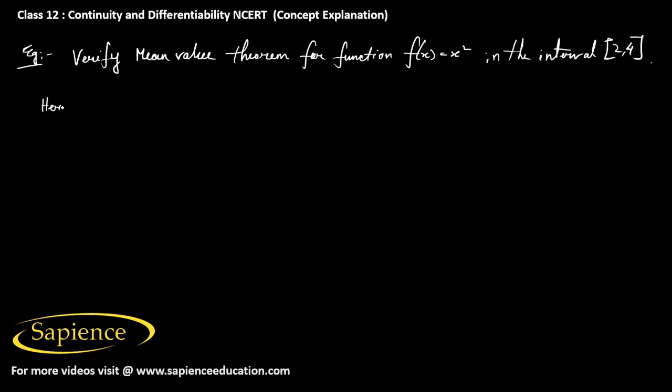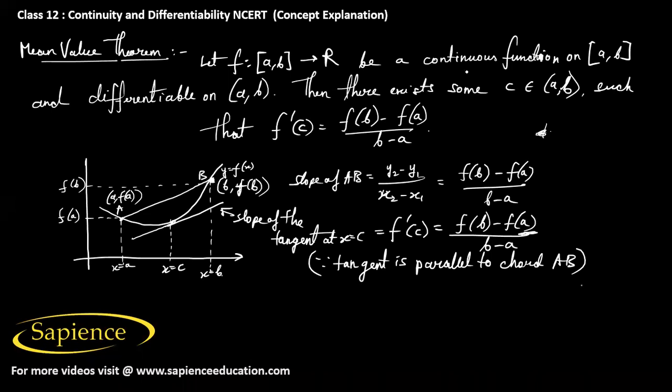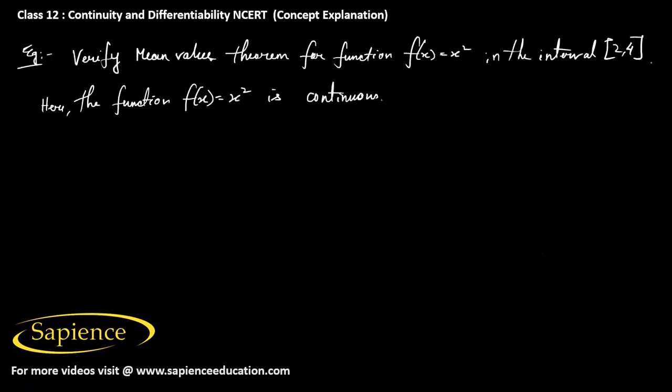Now here we can see the function f of x equal to x square is continuous. The mean value theorem is applicable under two conditions: it should be continuous within the given closed interval a to b, and it should be differentiable on the open interval a to b. Only then the mean value theorem is applicable.